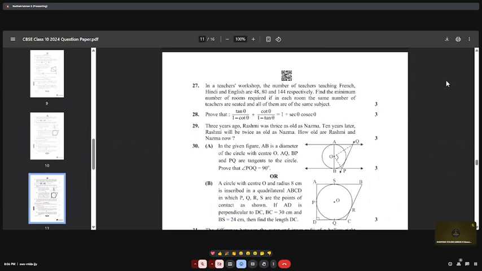Find the minimum number of rooms required if in each room the same number of teachers are seated and all of them are of the same subject.